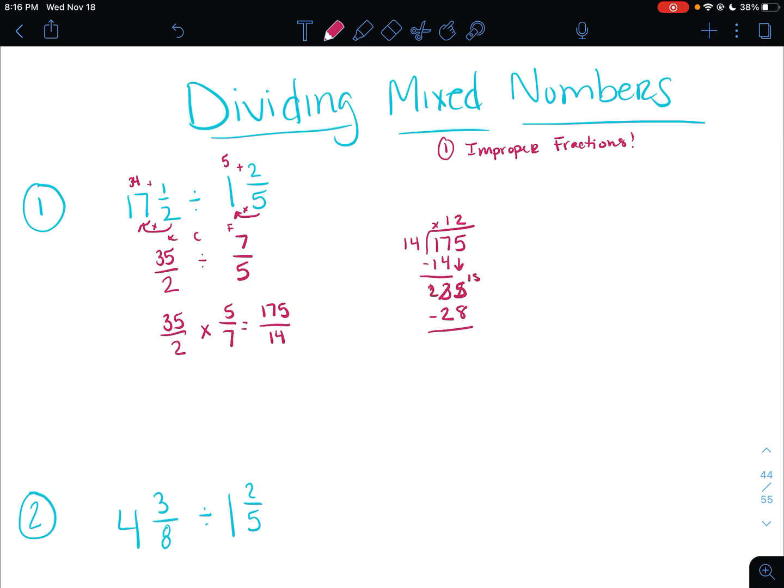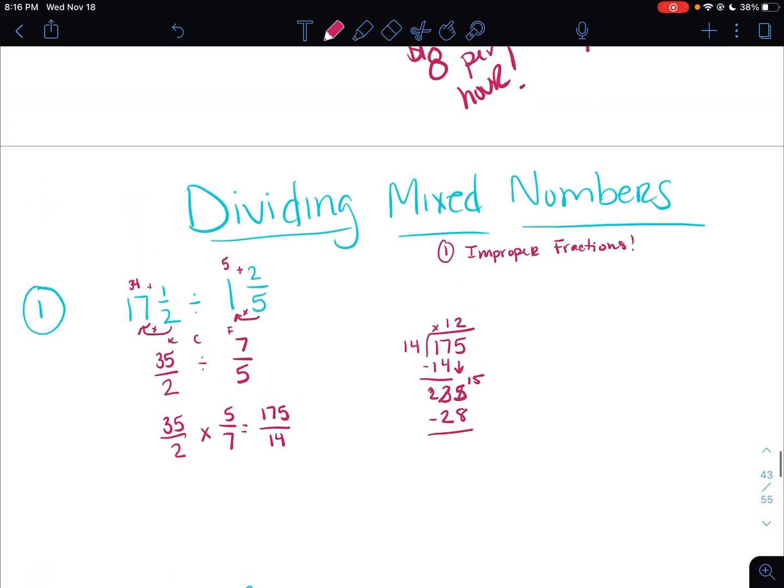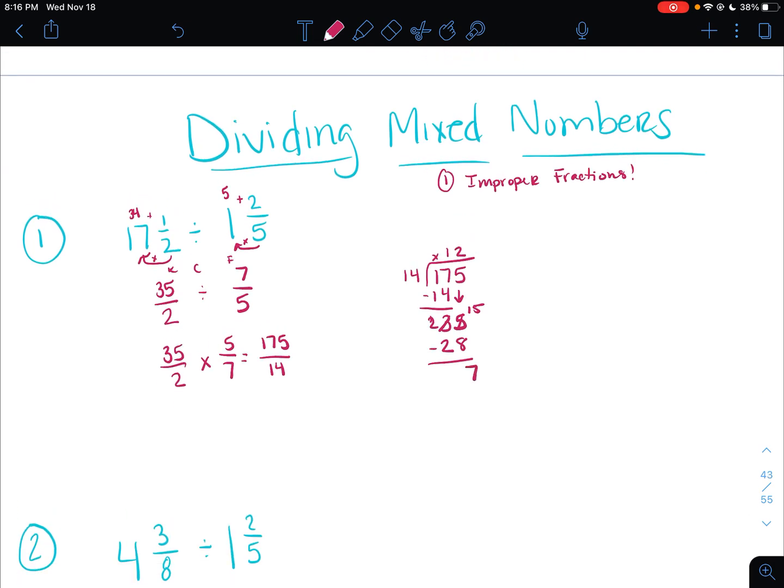Subtract. Can't do, so we have to borrow. And you get 7. And so that would be your remainder. So we're going to pop it up. That's the numerator. So it's 12 and 7/14. But you can simplify that. So 7/14 we can actually simplify by dividing by 7. And you get 12 and 1/2.